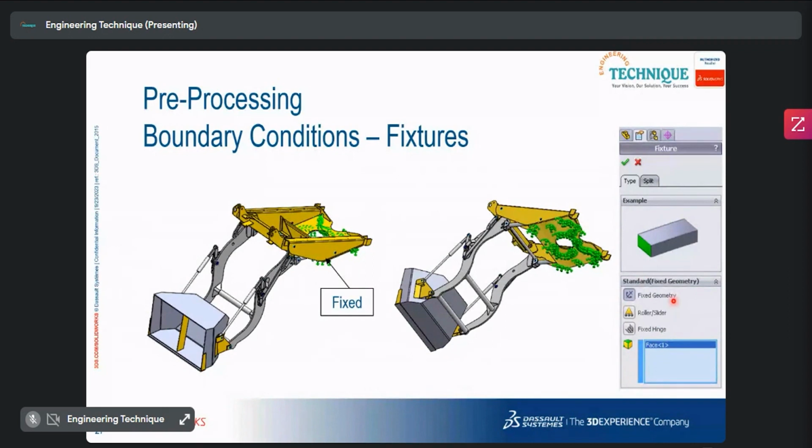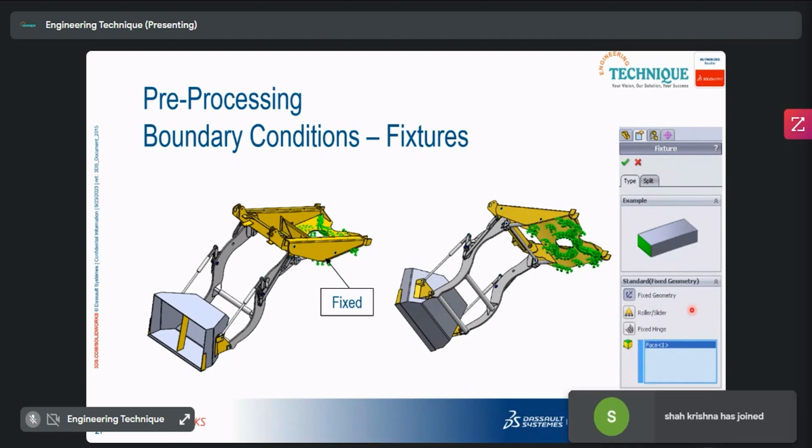Now, how is this decided? This depends on the degrees of freedom of a particular product. You must know the degree of freedom, as you are an engineer designing various components. Degree of freedom is the unconstrained motion of a product or geometry. When you restrict all degrees of freedom, it is a fixed geometry.